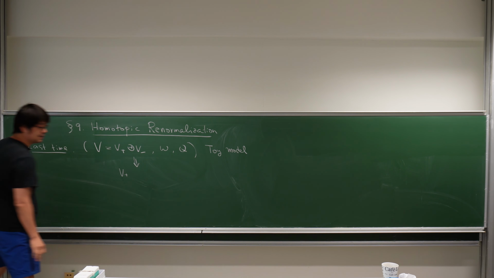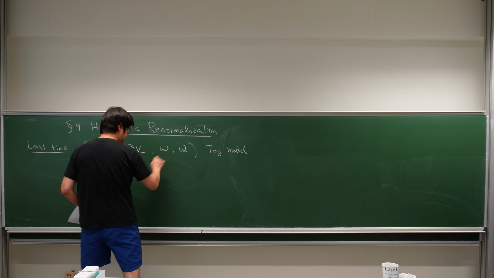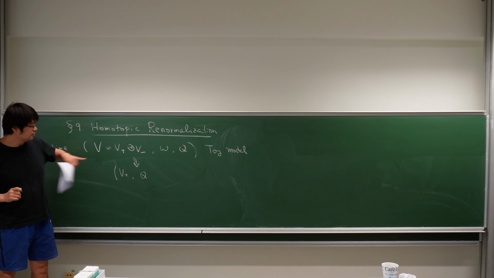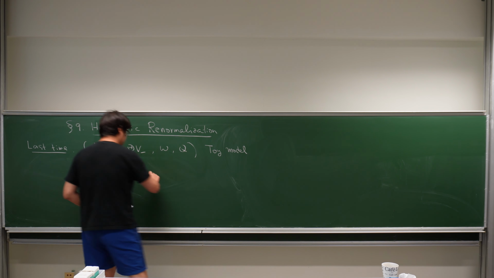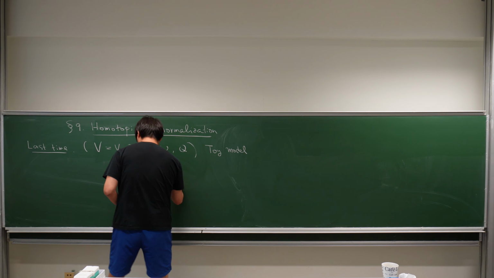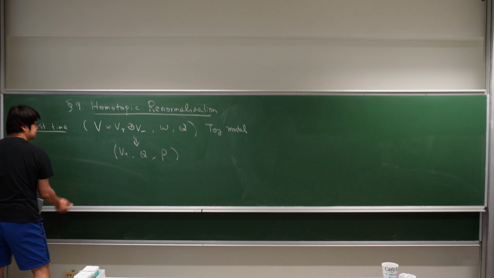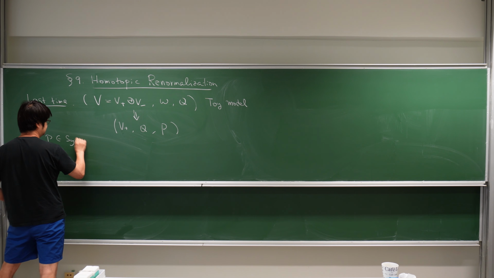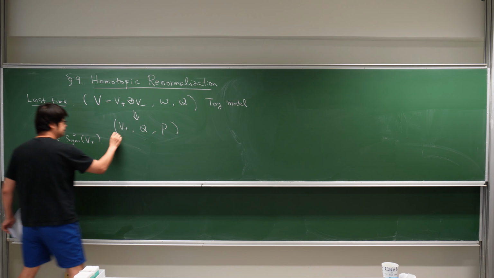We think about this V plus as the base manifold. And then this Q somehow is not compatible with the splitting. In particular, it doesn't preserve V minus. So we write down the failure, and this failure is an element of symmetric 2-tensors, degree 1.